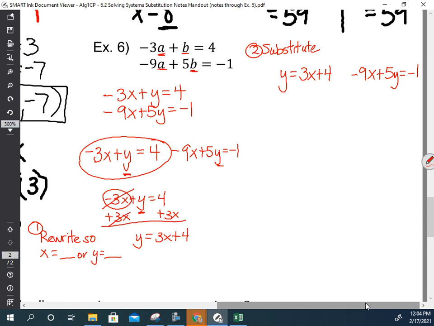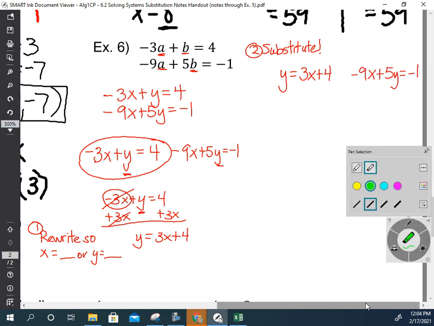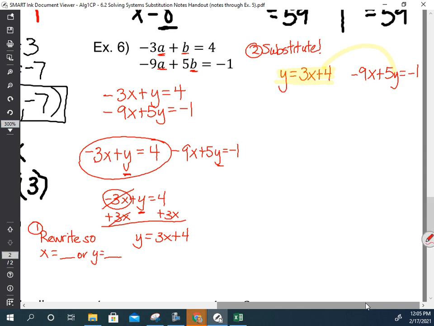And those of you who know what you're doing, feel free to work ahead of us. But now we can substitute. So we're going to take y equals 3x plus 4 and plug it in for y.